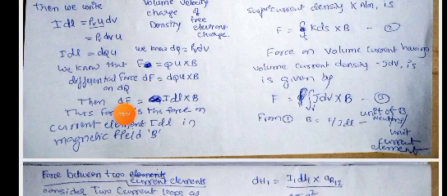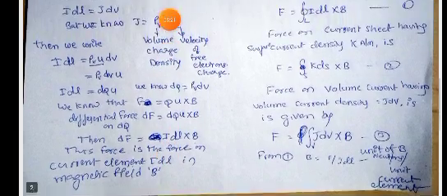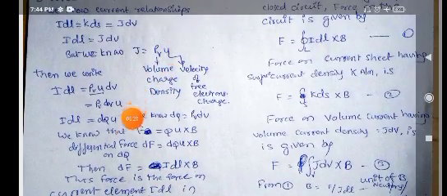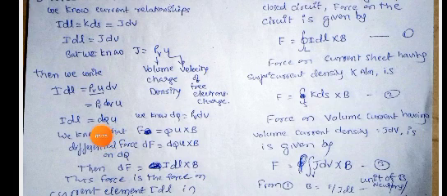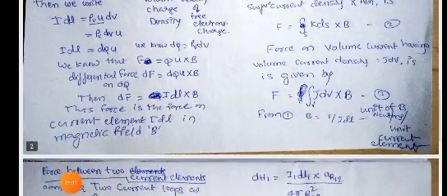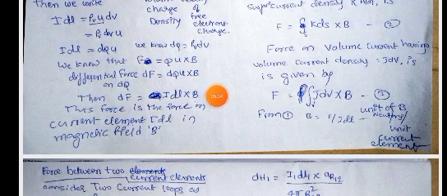We already saw that dQ is nothing but I dl. So in the place of dQ u we can write I dl cross B. So this is the force on current element I dl in magnetic field.